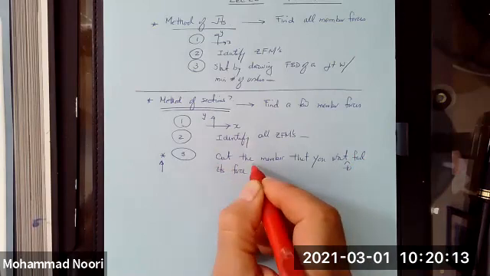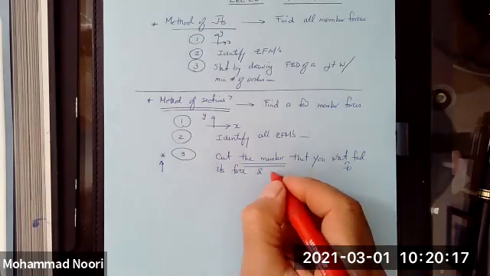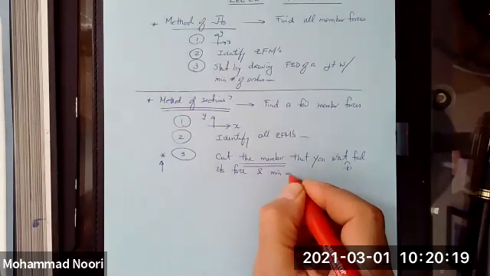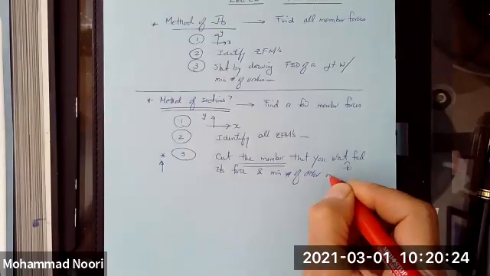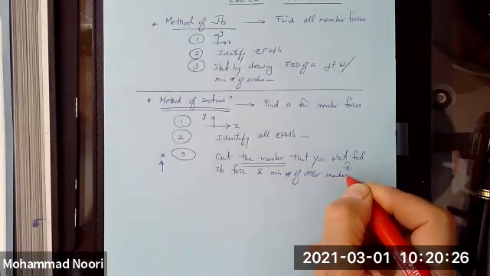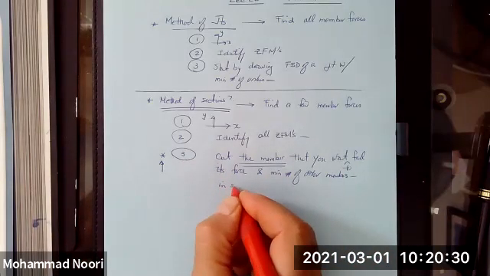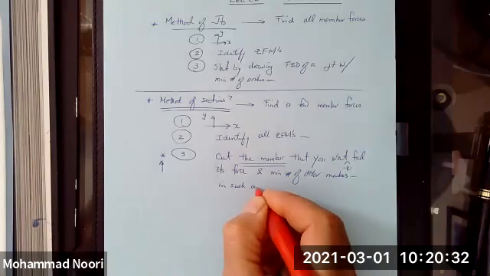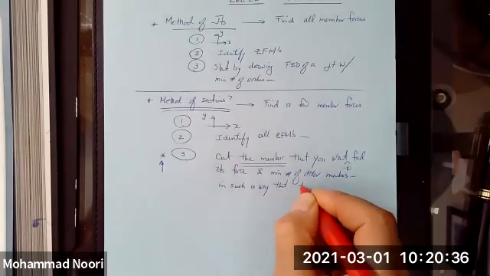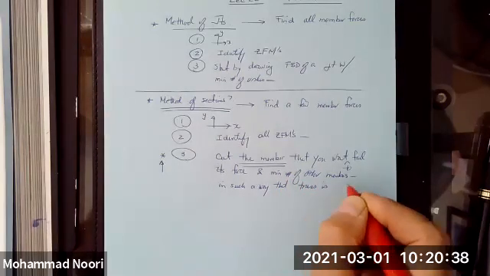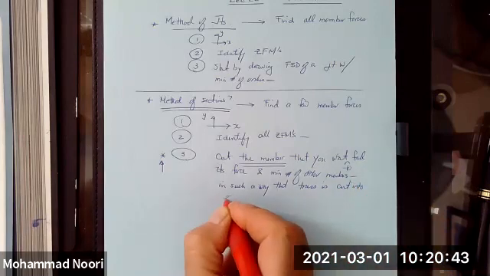So cut that member and a minimum number of other members, in such a way that the truss is cut into two pieces.